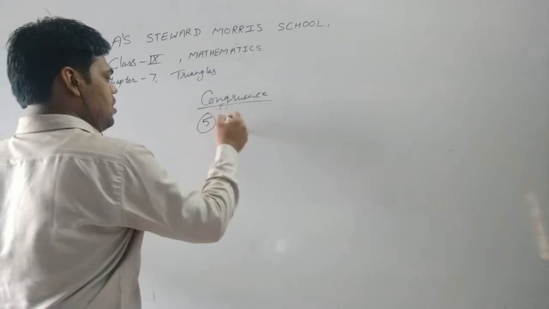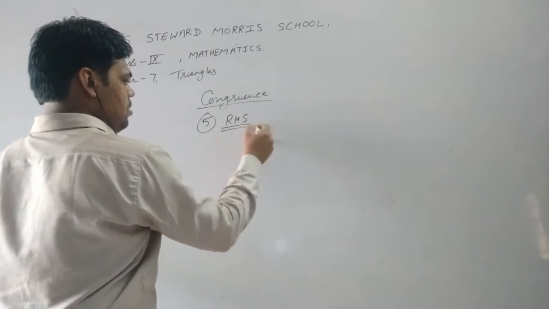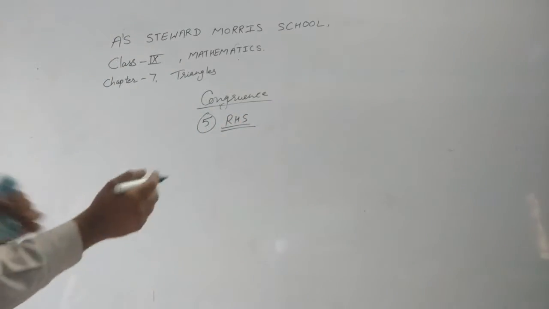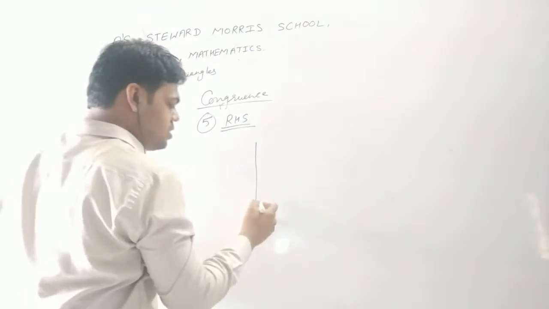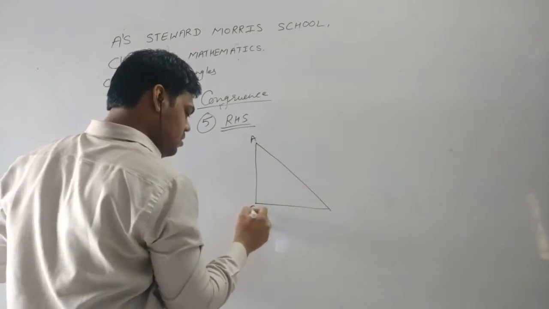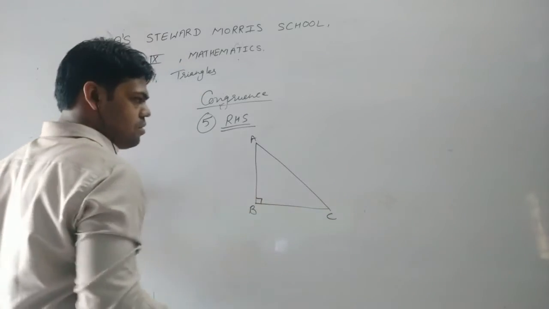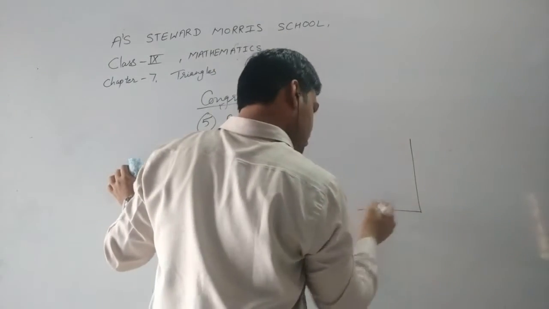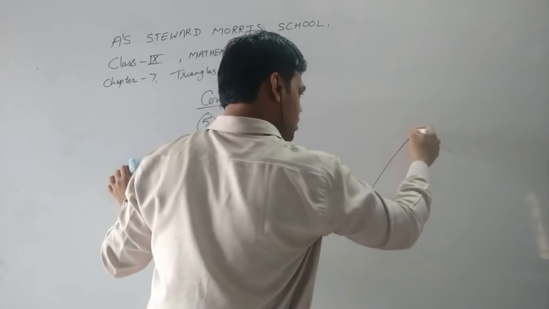The fifth one is your RHS rule. What is your RHS congruency? Here two right triangles are there, ABC, and that will be PQR, like this.